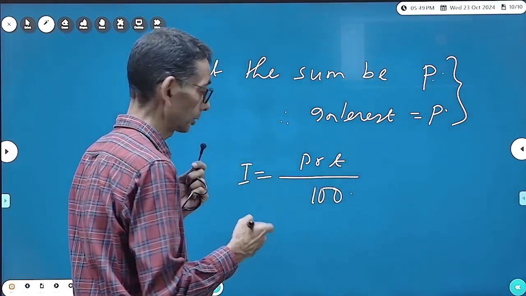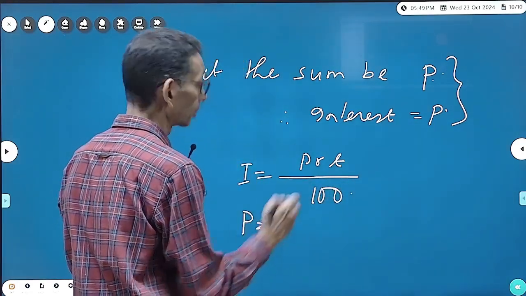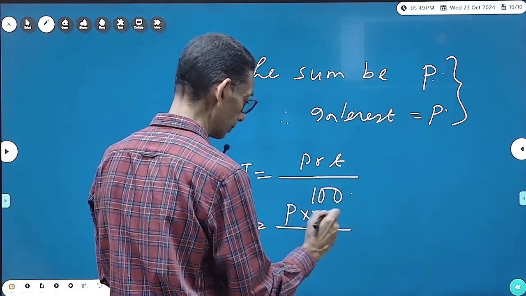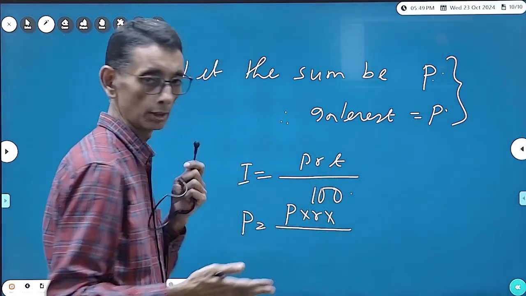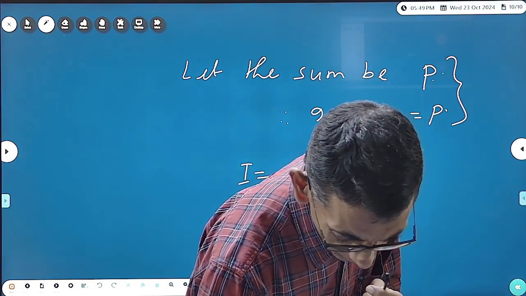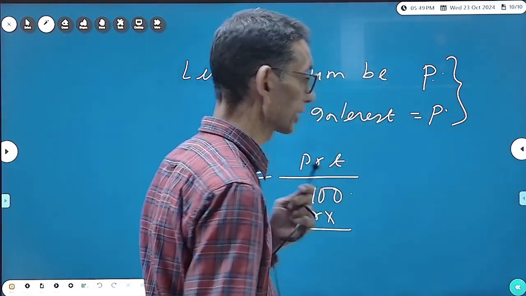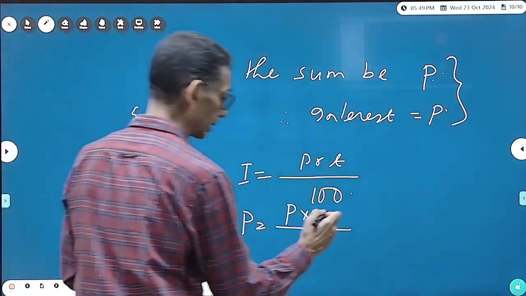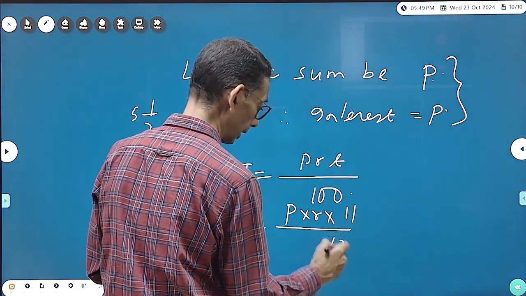So I is also P. Now we got that I is P and P is P. R we do not know, but T is given: 5.5 years. 5.5 years means 5 and a half, that is 11 by 2, into 100.